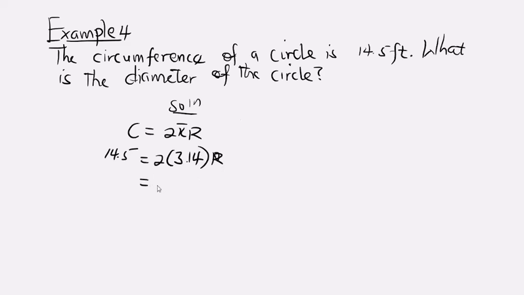So we know that 2 times 3.14 gives us 6.28 times r equals 14.5.